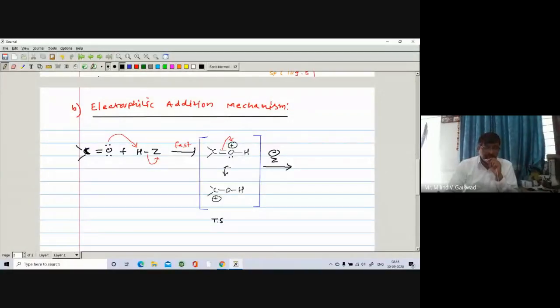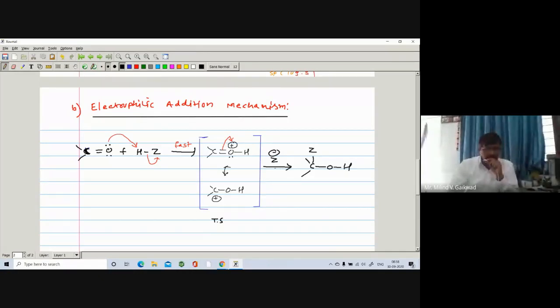So in this case, there is a carbon, there is a bond, here is an O, here is an H, and let us see directly the addition of Z. So you add Z here because the carbon has a positive charge.